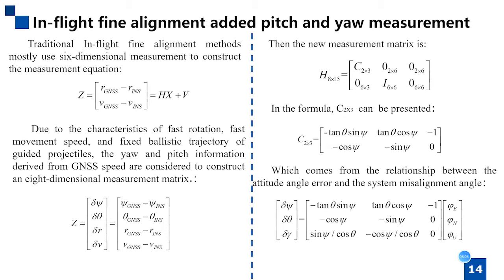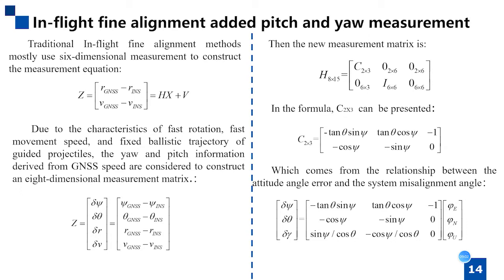Traditional in-flight fine alignment methods mostly use 6-dimensional measurement to construct the measurement equation. Due to the characteristics of faster rotation speed, fast movement speed, and relatively fixed ballistic trajectory of guided projectiles, the yaw and pitch information derived from BDS velocity is considered to construct an 8-dimensional measurement matrix.